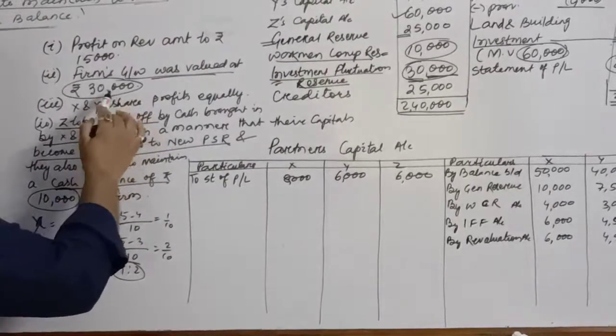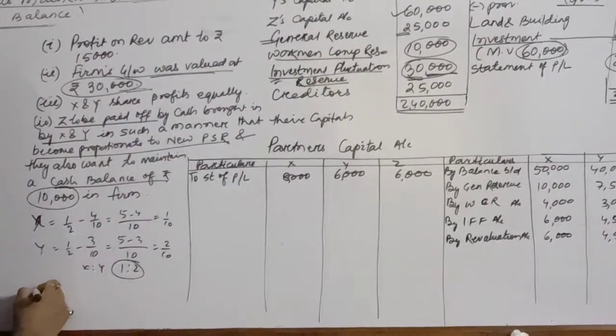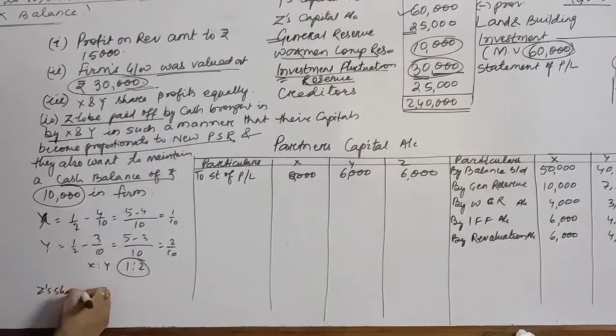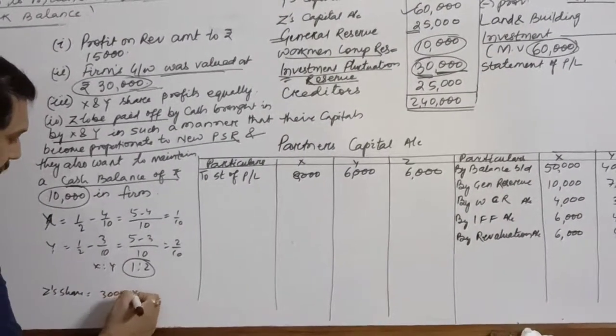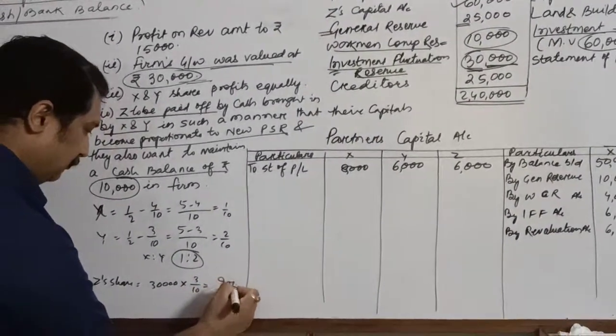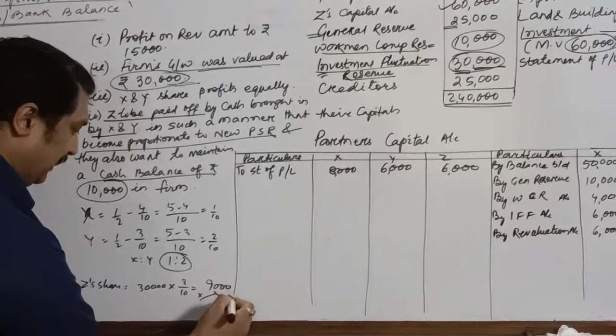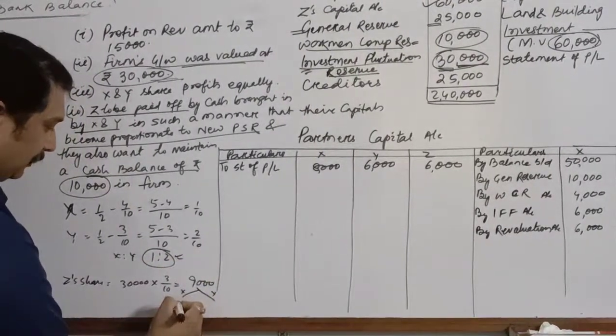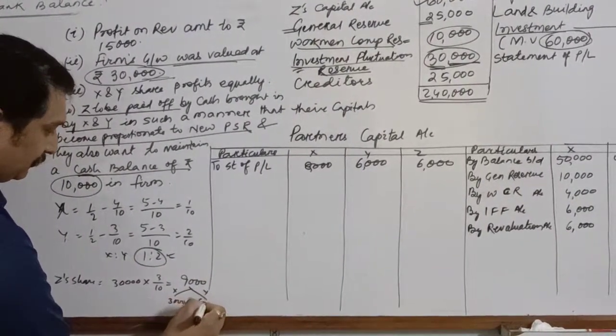So this goodwill of 30,000 will take out Z's share. Z's share 30,000 into 3/10. So it will be rupees 9,000, which will be distributed between X and Y in the ratio 1:2. So it will be 3,000 and 6,000.